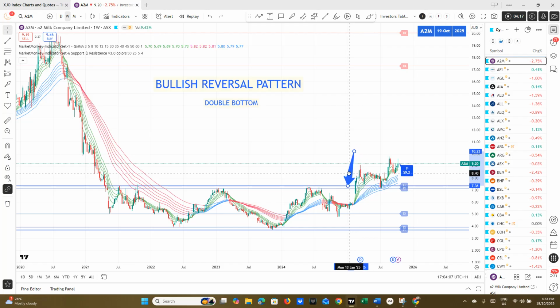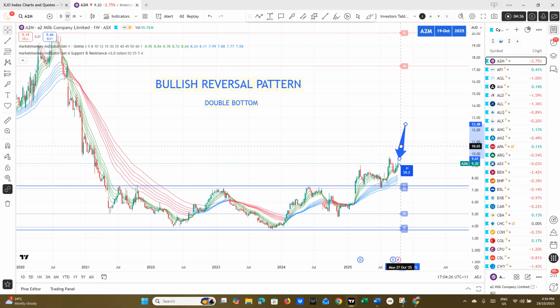So what we're looking for is a clean break up through this resistance line turned support. And then probably the safest bet is to wait for it to come back and bounce off again. A bounce off that support gives us a less risky entry. We've had to wait a few weeks for it to take off here, but it gives us a safer point to get in.